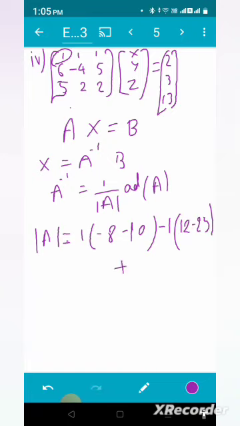Then plus 1 into, the corresponding row and column get cancelled, 12 minus of minus, so 12 plus 20.